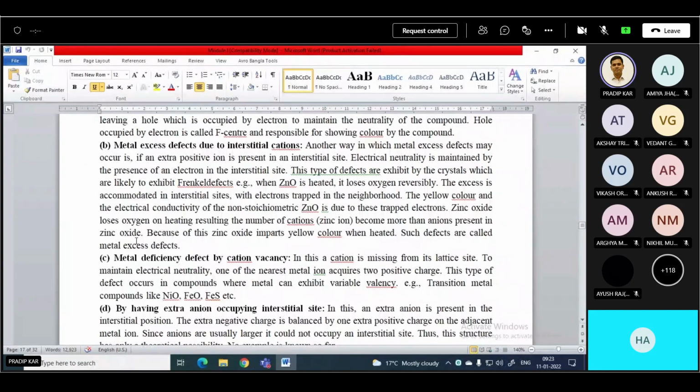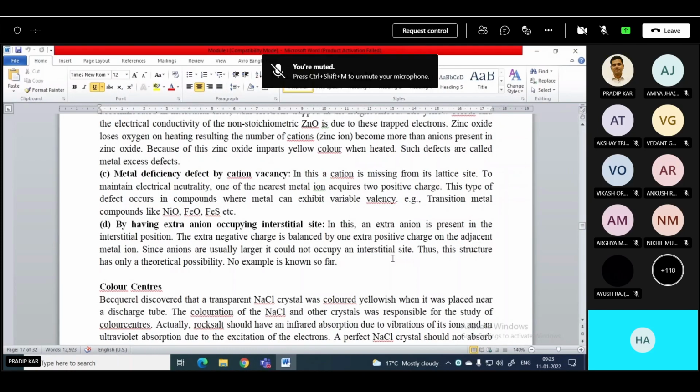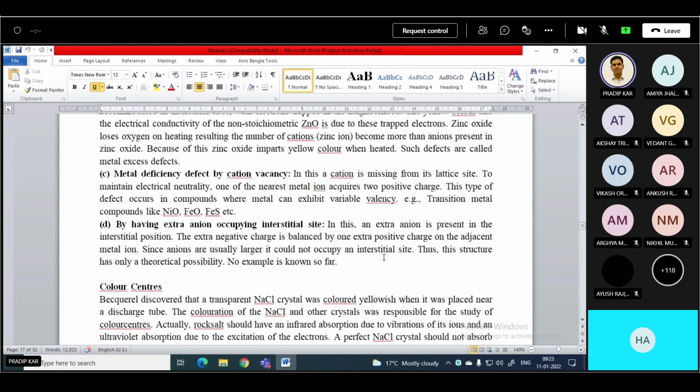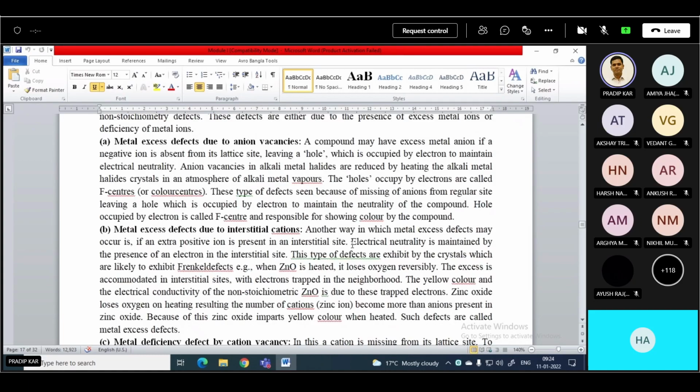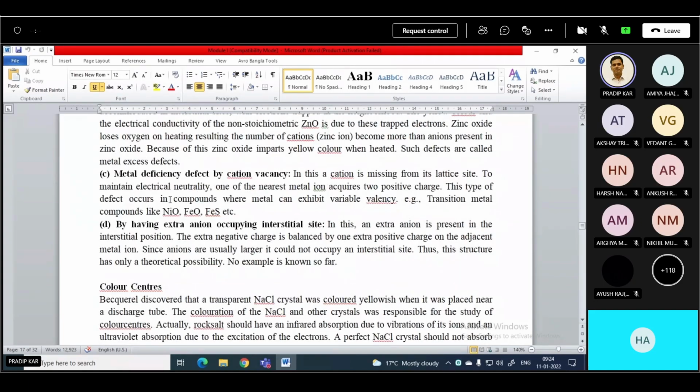Next is metal deficiency defects. Metal deficiency means a cation is missing from its lattice. So here you can see the cation is missing and electrical neutrality is maintained. The nearest metal ion acquires 2 positive charge.